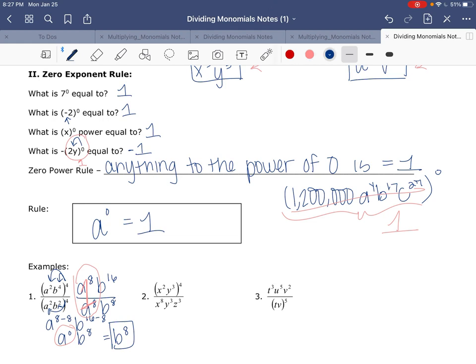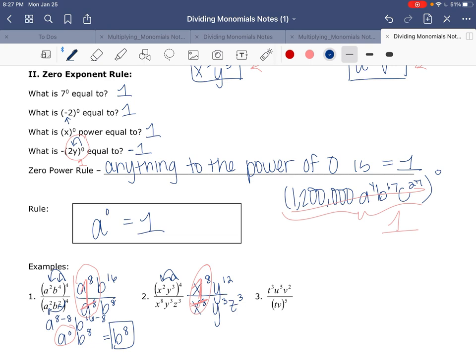So let's look at 2. Again, powers raised to a power, so your exponents will multiply. This numerator becomes x to the 8th and y to the 12th over x to the 8th, y cubed, and then z cubed. Well, x to the 8th and x to the 8th right here is being divided by itself. And 8 minus 8 will give me a 0, so this is going to simplify to 1.